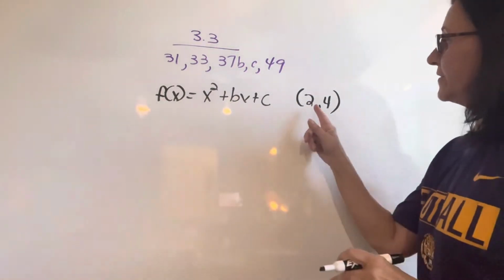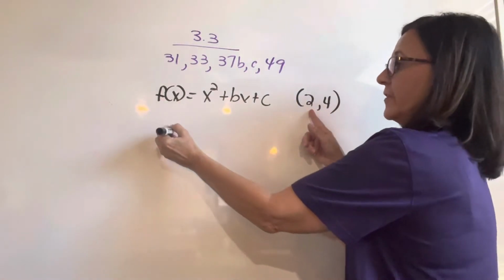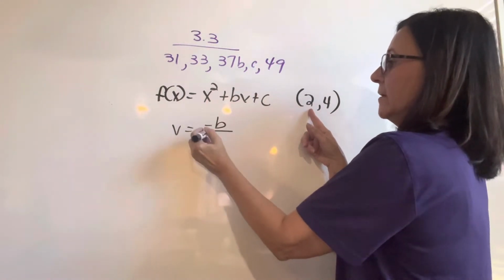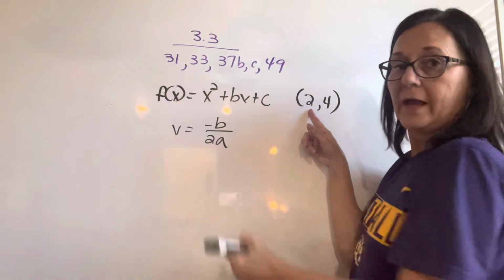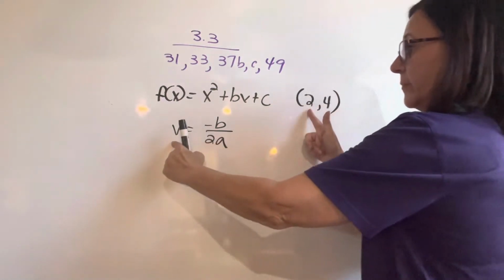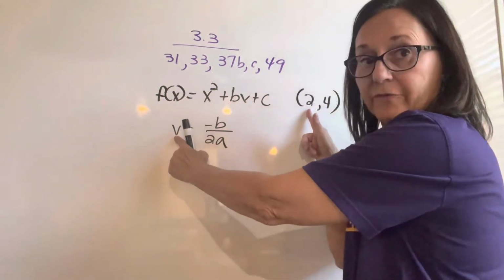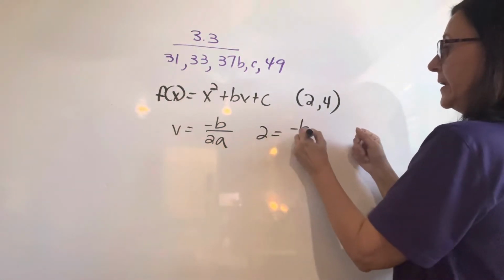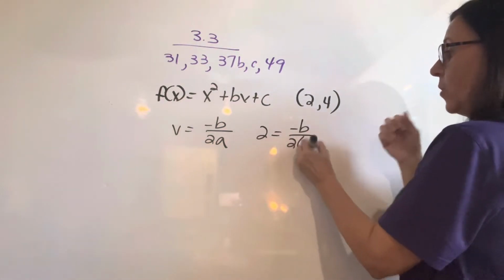Well, I know this x value. The vertex is going to be at the opposite of b all over 2a. I know a is 1. So this is the x value of the vertex. So 2 equals the opposite of b all over 2 times 1.